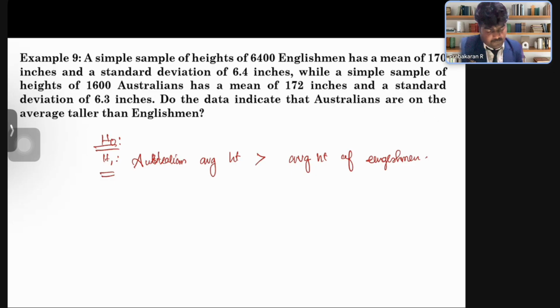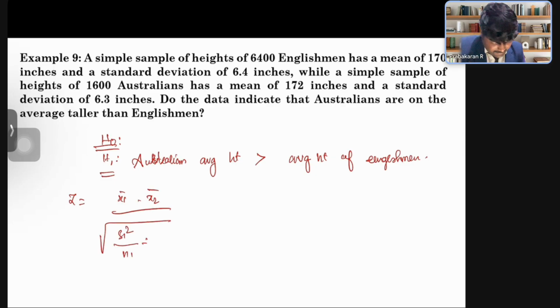So now we can go for applying the Z test. The formula is x1 bar minus x2 bar divided by the square root of s1 square by n1 plus s2 square by n2.